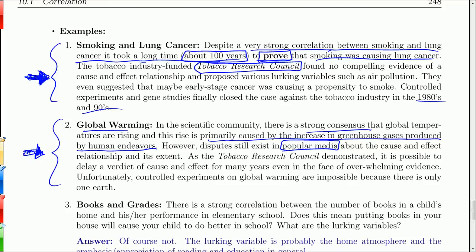We don't have a whole bunch of Earths to see what happens when humans do different things. All right, so waiting for absolute airtight proof that human endeavors are causing the rise in temperatures could take another 100 years, which is far more time than we have.